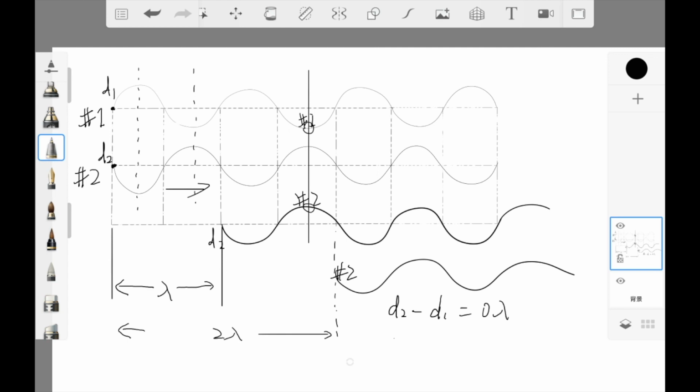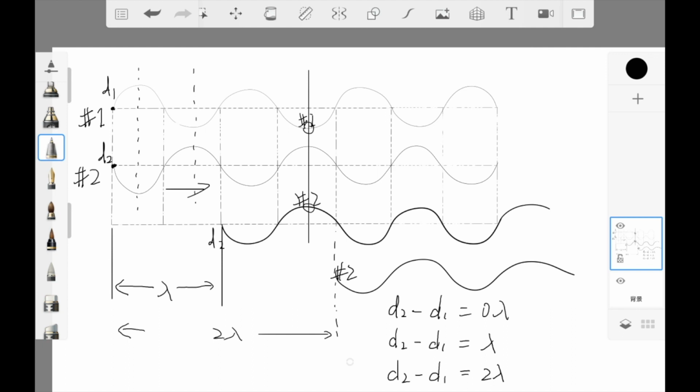For the second case, we get another dark fringe, and D2 minus D1 equals 1 times lambda. For the third case, D2 minus D1 is 2 lambda. Later on, we will see that.